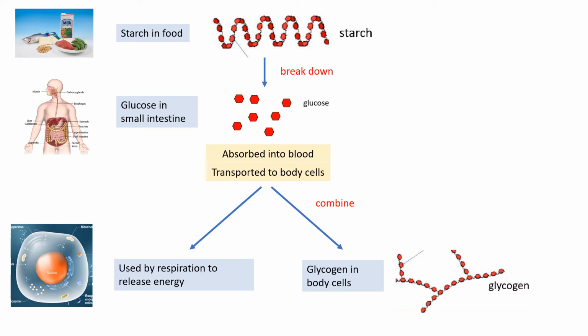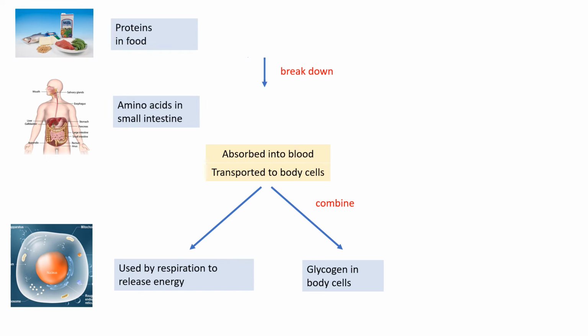Now, again, we are trying to illustrate the building up, breaking down concept to see how the proteins in the food eventually become proteins in you. Again, I start with this slide because the concept is very similar. The proteins in the food is usually very big, and large molecules can't be absorbed directly.